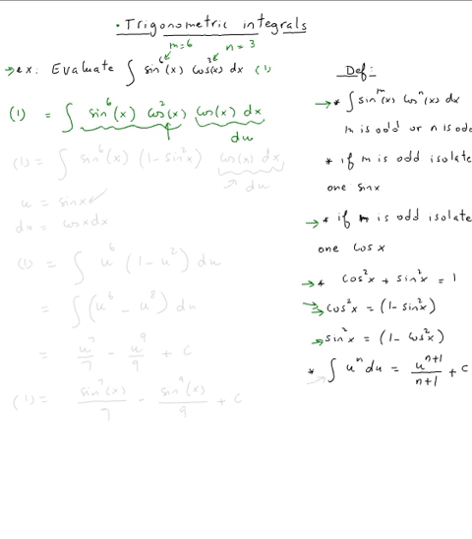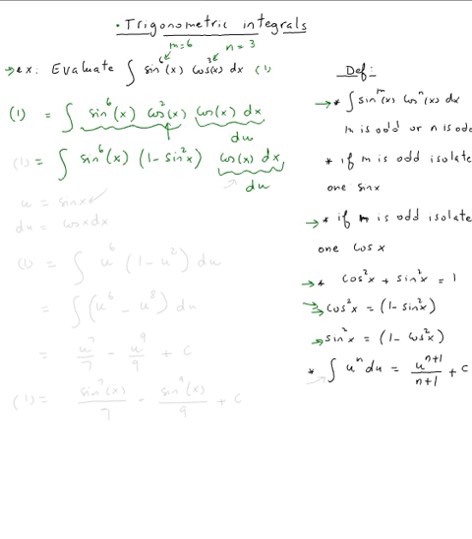Cosine square is going to be replaced by 1 minus sine square. So this will be equal to the integral of sine 6 of x times 1 minus sine square of x times cosine of x dx.